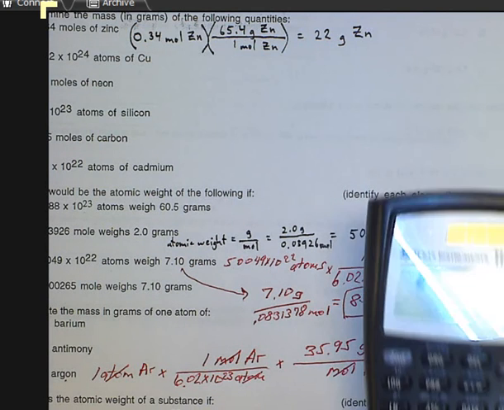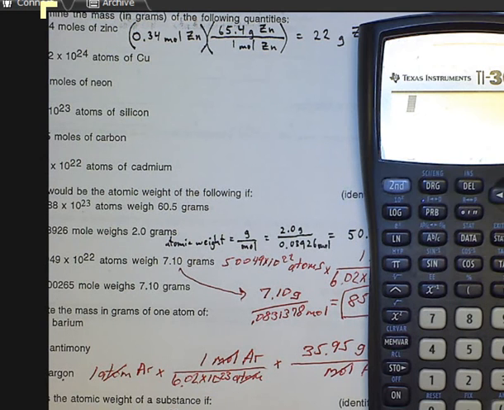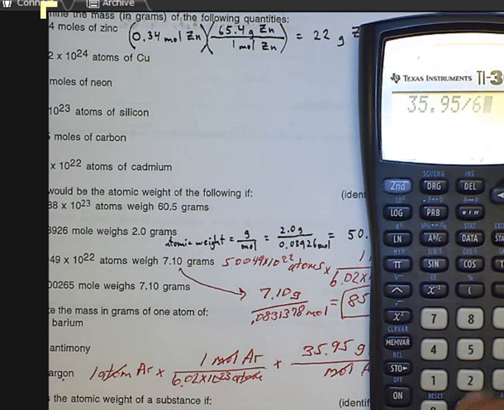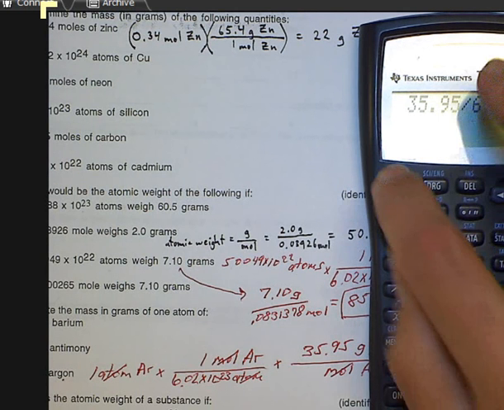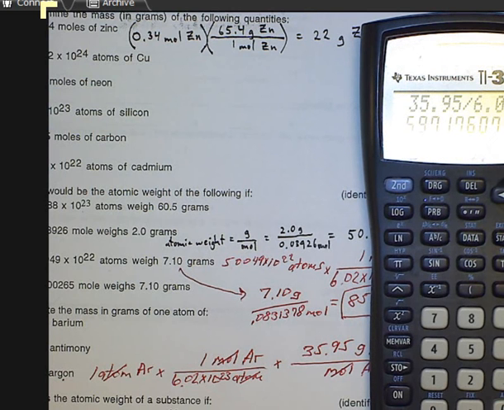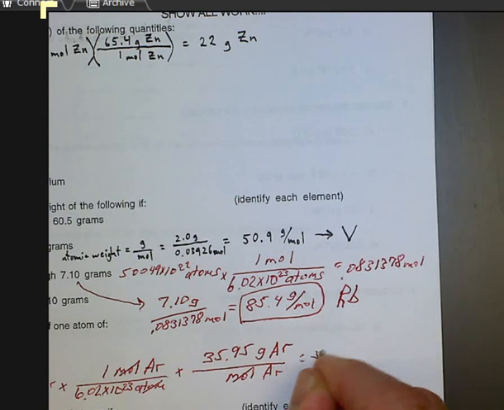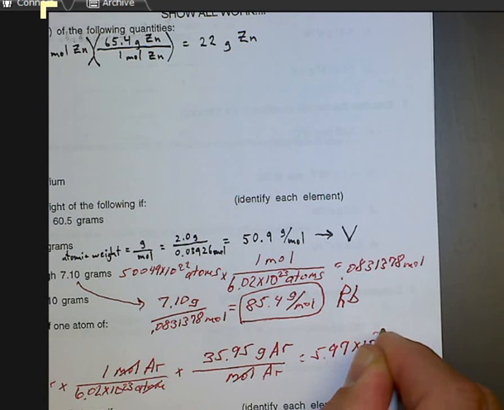So in order to do the math here, we're going to take the top, 1 times 1 times 39.95, divided by Avogadro's number, which is equal to 5.97 times 10 to the minus 23rd grams.